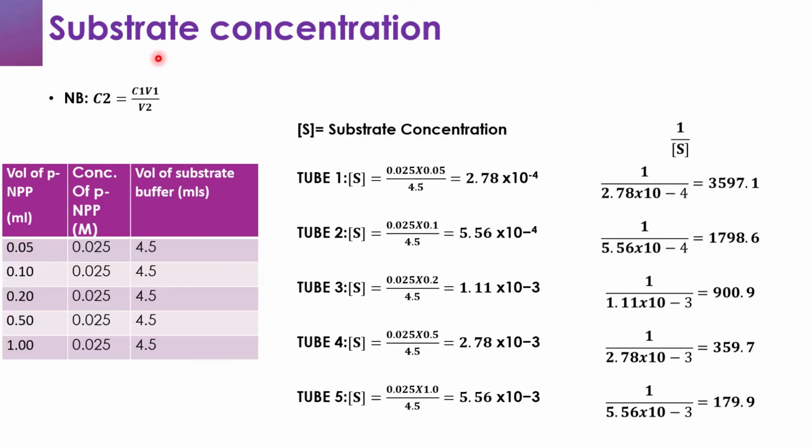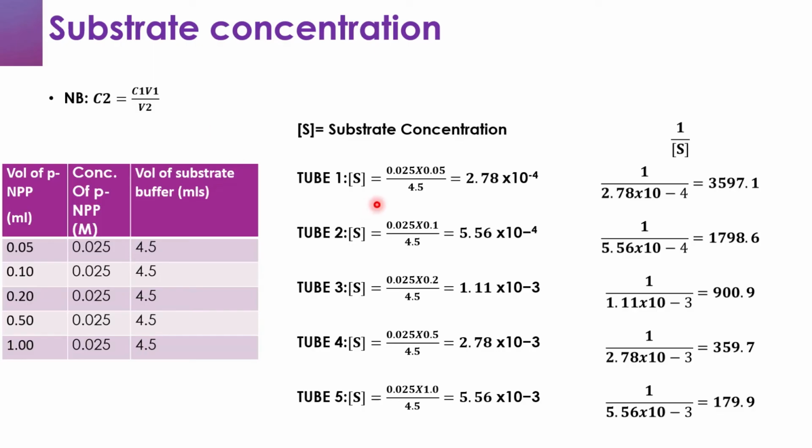And to do this, we also have to use the equation C1V1 equals C2V2 and make C2 the subject, which is the substrate final concentration in each of the reactions. So making C2 the subject, we will get C1 V1 divided by V2. So let's see the substrate concentration for each of the test tubes.